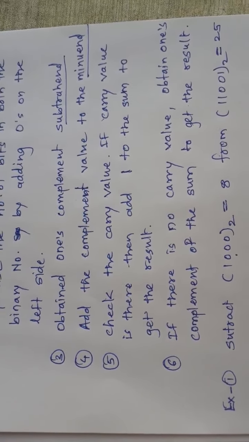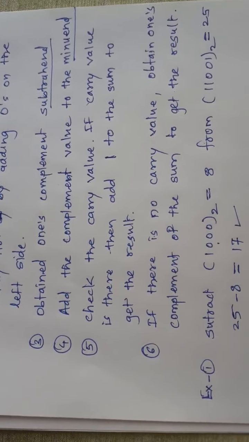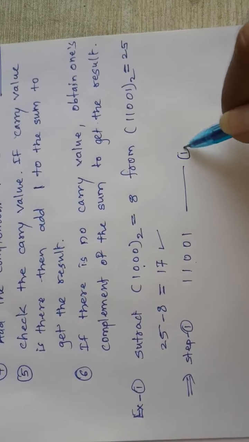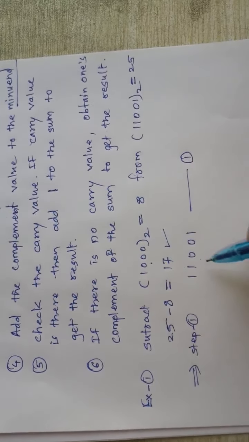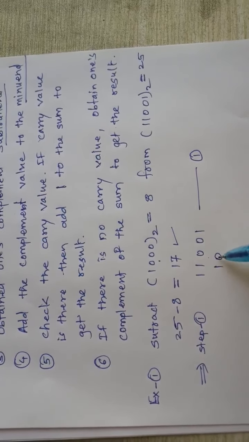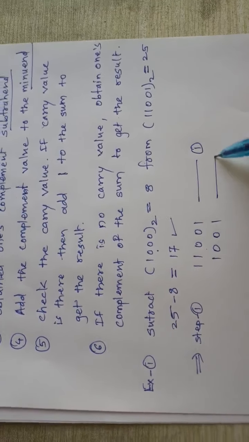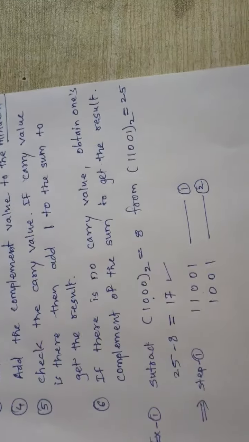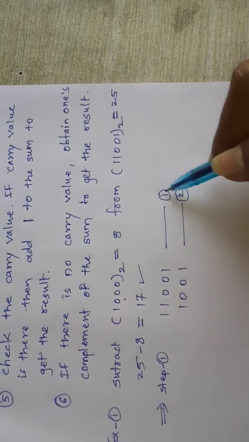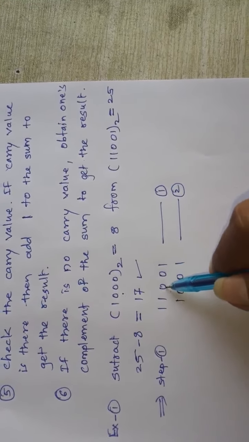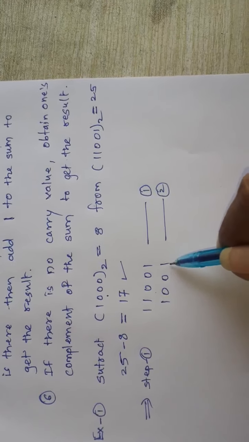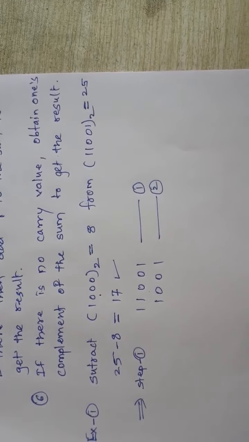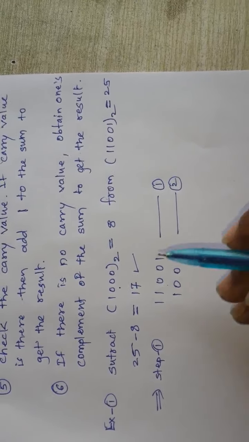This number we take first, and we assign it as equation 1, and this number we take as equation 2, 1 0 0 0. Now here equation 1 has 5 bits, but in equation 2 only 4 bits are there. So we have to equalize.